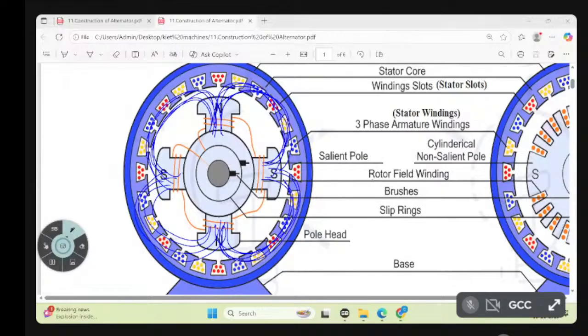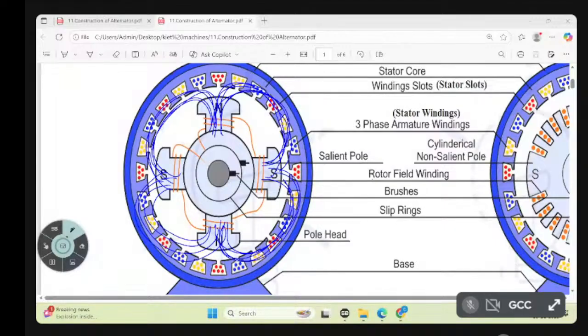That's why here there is no need of a commutator. So the EMF induced in the conductor is directly AC, and that AC can be utilized here. So this is about the working of the alternator.